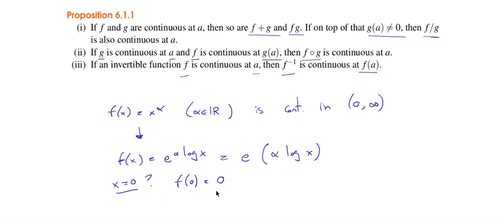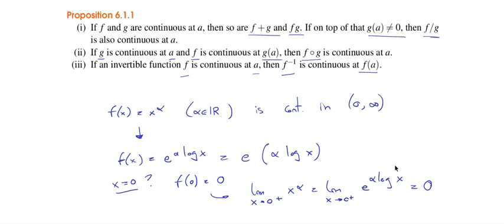Then this is also continuous at 0, because the limit when x goes to 0 on the right of x to the alpha is the same as the limit when x goes to 0 on the right of e to the alpha logarithm of x. Well, this is e to the alpha times the limit when x goes to 0 from the right of the logarithm of x, but this is minus infinity, so this is e to the minus infinity, which is 0.